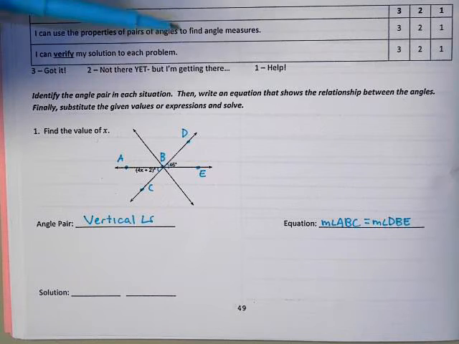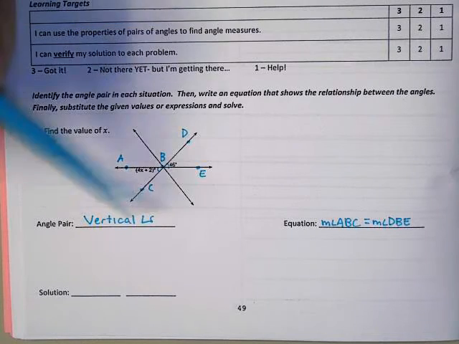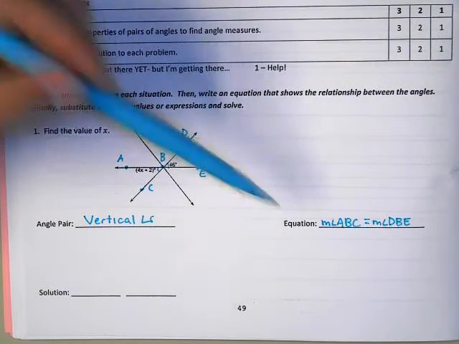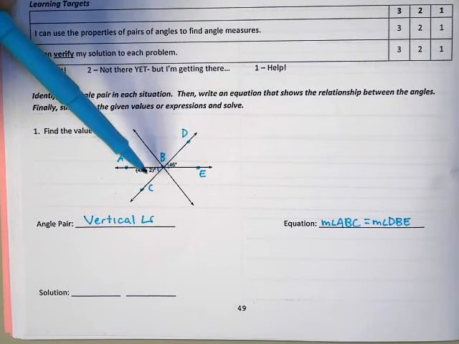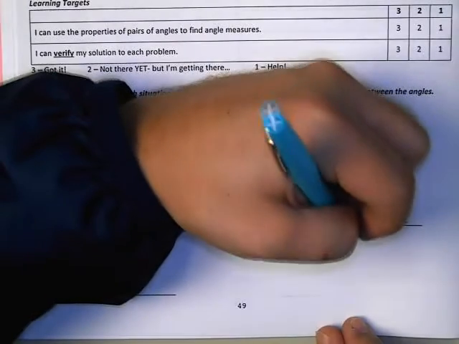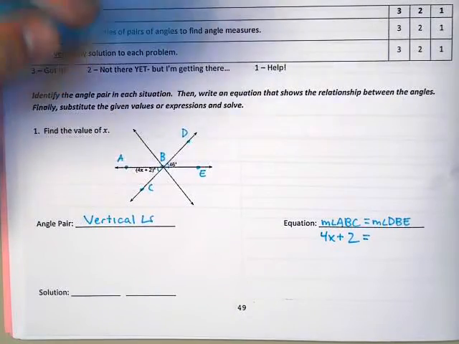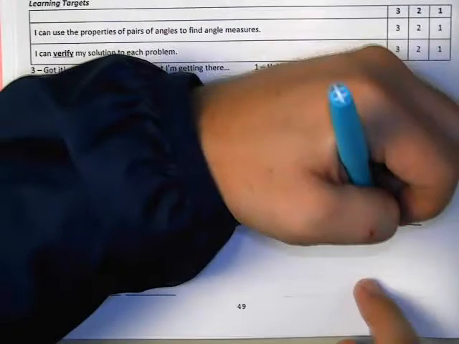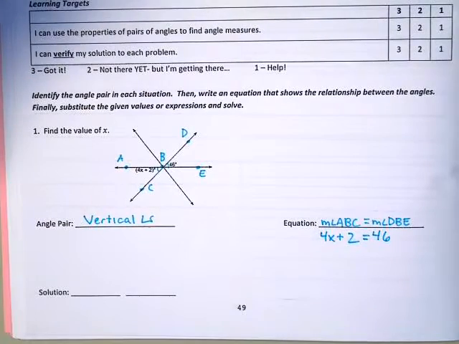What can we do? We have our angle pair. We have our correct equation. I know that the measure of ABC is 4x plus 2, so I'm going to substitute that in. I also know that DBE is 46. This is not bad. We just have an algebra equation here.